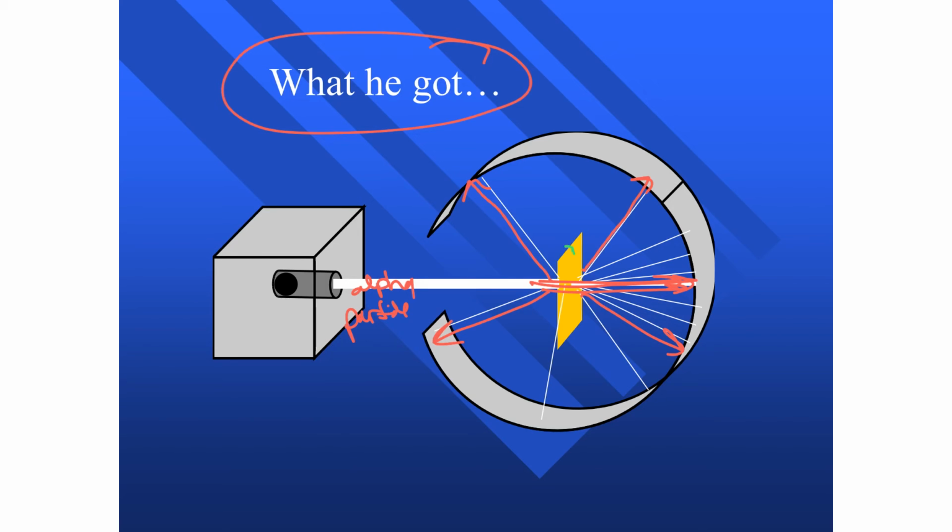Remember? So this is a piece of gold foil, and most of them did go straight through. But every once in a while, one of them shot straight backwards or shot off at an angle, like it was hitting something. And he famously said, "I could not have been more shocked if I took an elephant gun and shot it at a piece of tissue paper and it bounced back." Wow.